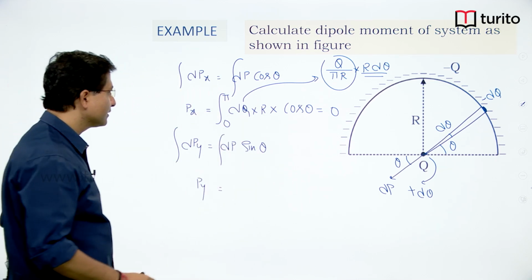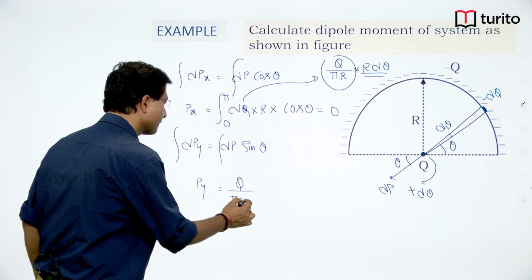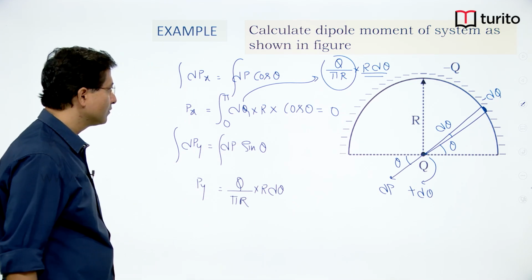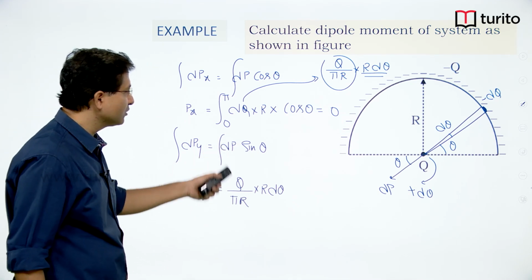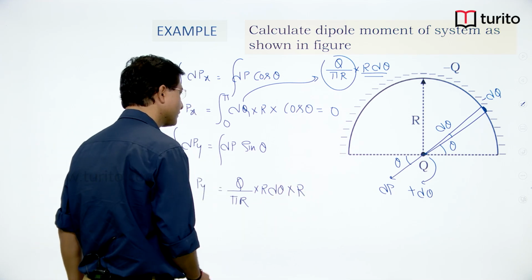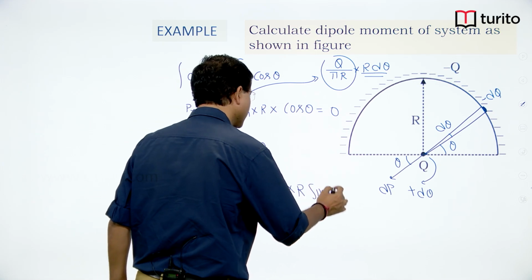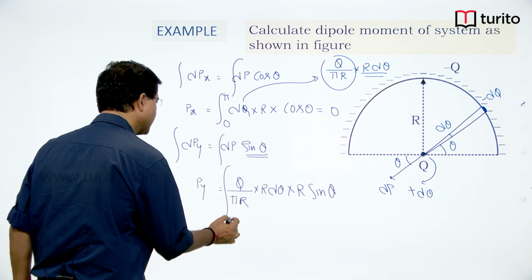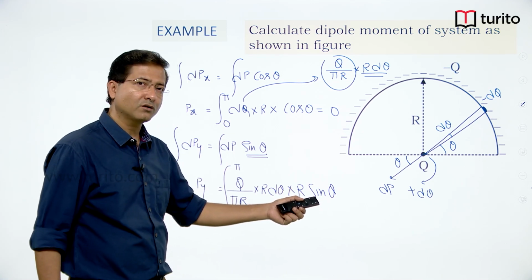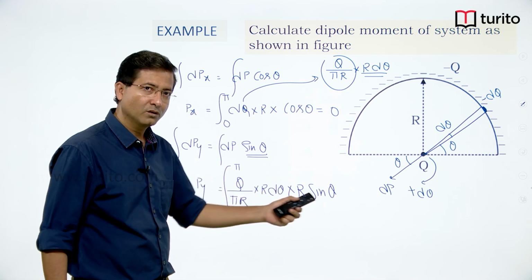Similarly, here you can see dp can be written, I am directly writing, right, this is dq only into r into sin theta, integrating from 0 to pi. Integration of sin will give you cos, and when you integrate from 0 to pi you will get 2, right.